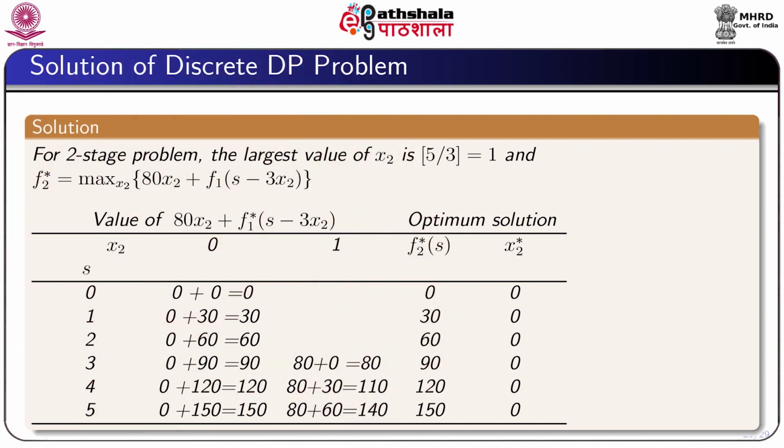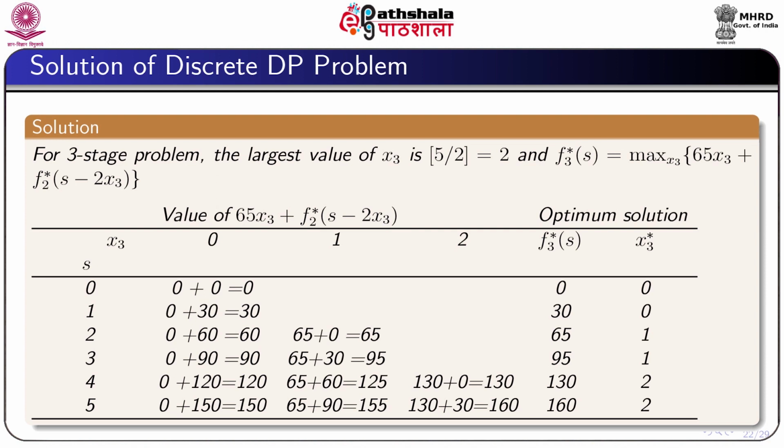So, we calculate the values of 80 x2 plus f1 star(s minus 3 x2) for different values of x2 and s, and corresponding f2 star(s) and x2 star as shown in this slide.